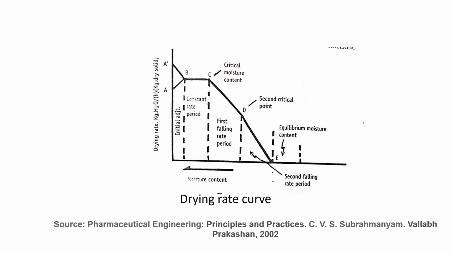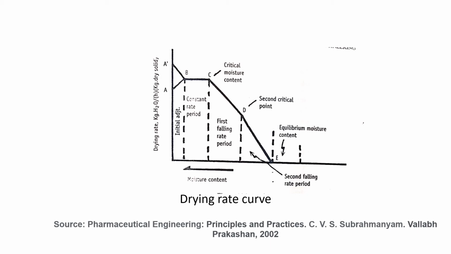During this time, surface water is no longer replaced at the same rate as in the constant rate period. Now the rate of surface water supply will not match the rate of evaporation.